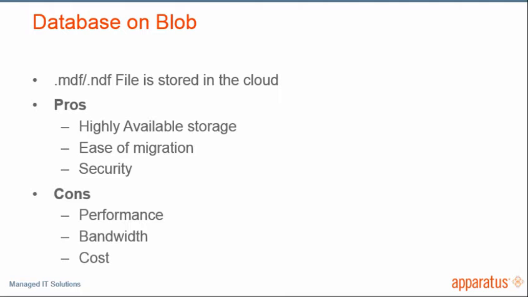So it's highly available by its very nature. Ease of migration. If you ever need to migrate to different servers, or migrate from on-prem to the cloud, or migrate from one infrastructure cloud OS to another, having the database file actually be on the blob storage can significantly decrease the amount of effort involved to migrate that server.